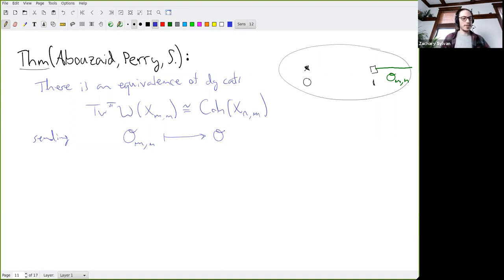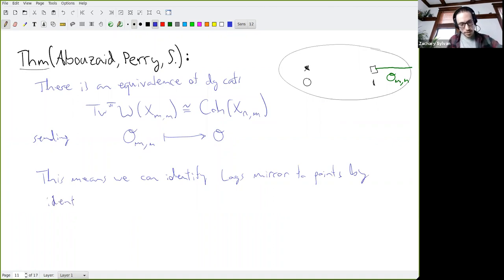Okay, so what this means is that we can identify points of Lagrangians mirror to points, by identifying them in Spec of HF^0, I guess I could write HW^0, this is wrapped, of O_{mn}.